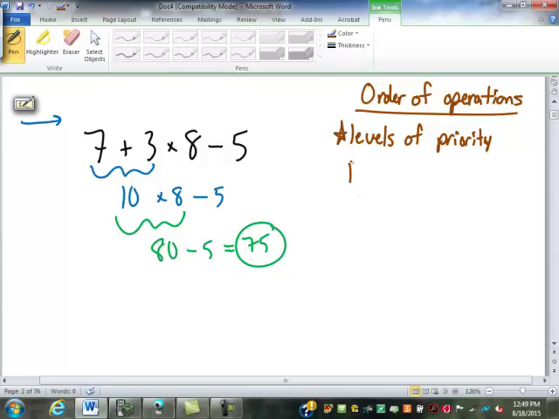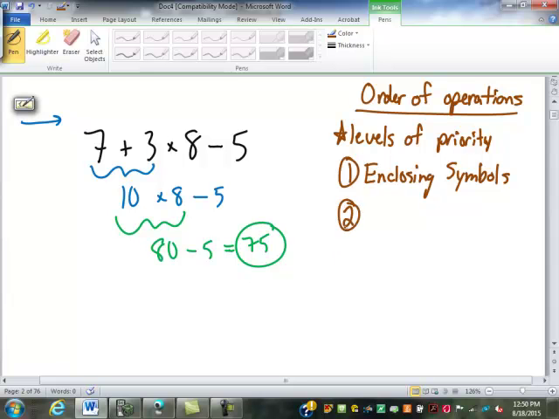The first item in our level of priority is enclosing symbols. Many of you have probably heard this as just parentheses. Parentheses is one kind of enclosing symbol, but there are several other enclosing symbols that we will run into.